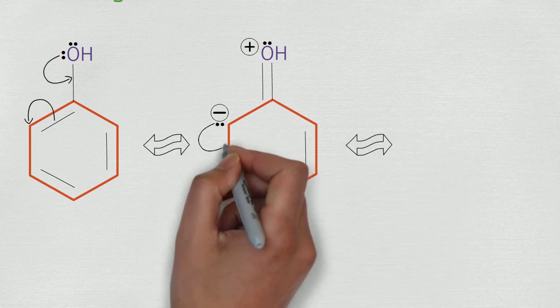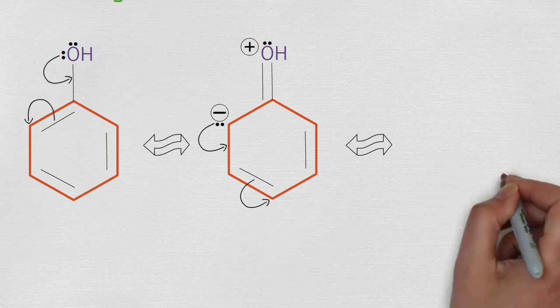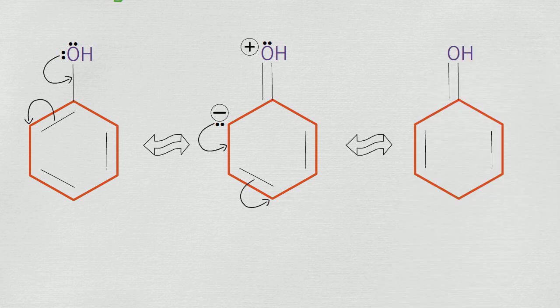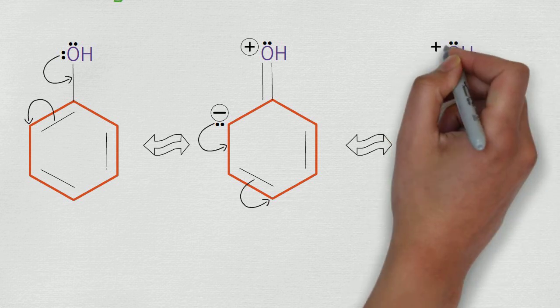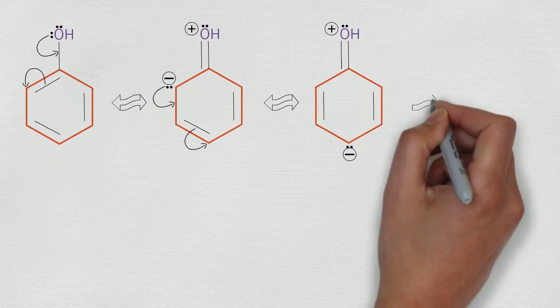Then that lone pair of electrons creates a pi bond, and again due to electron-electron repulsion, the adjacent pi bond gets converted into electrons on the benzene ring at the para position. And this goes on.